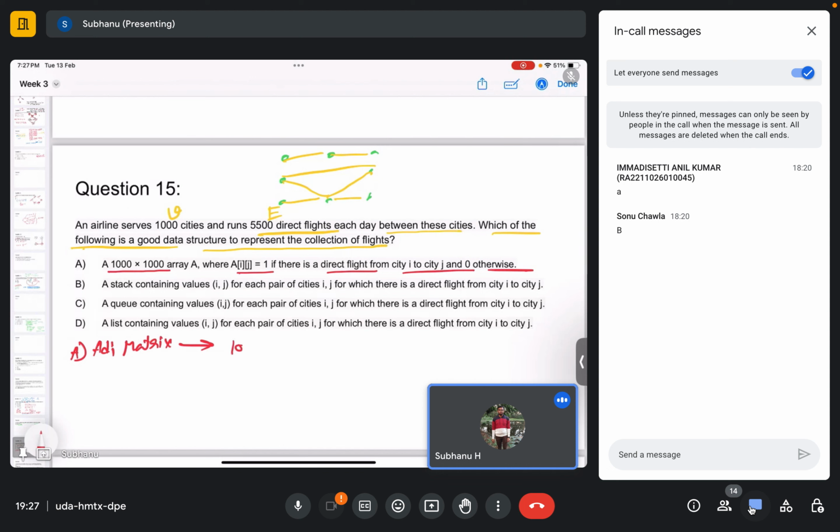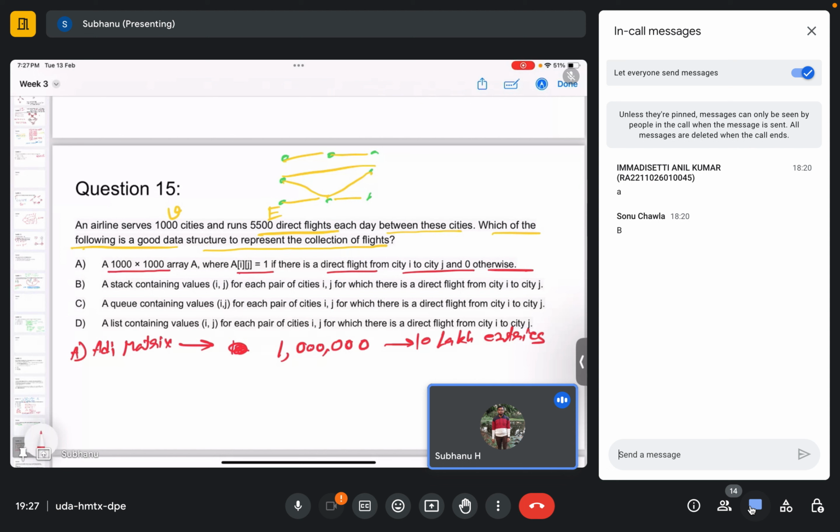How many cities are there? The array will be 1000 by 1000, so it will have a total of 10 lakh entries.